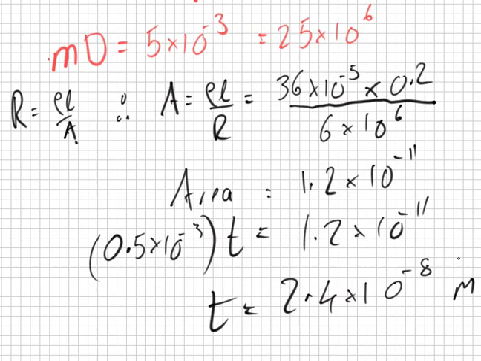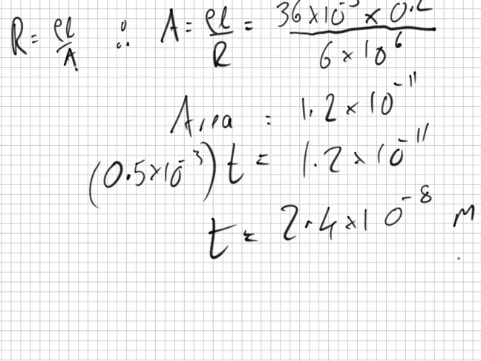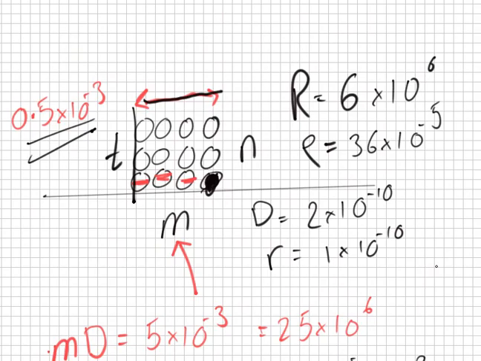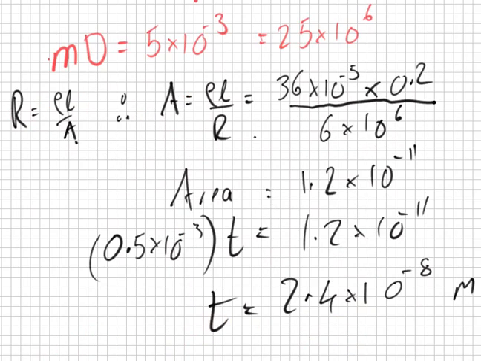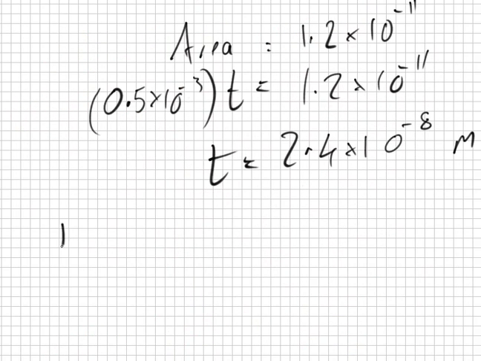And then the last part is he wants to know how many atoms there are vertically. Which isn't so bad now because we know the height. Here I have 1 diameter, 2 diameters, 3 diameters. How many diameters in total? N diameters. So n diameters should equal 2.4 times 10 to the minus 8.